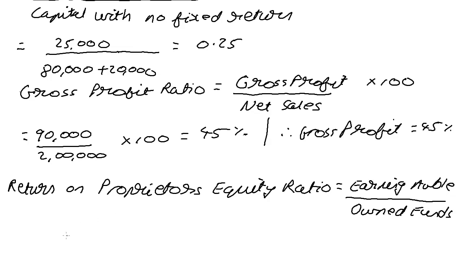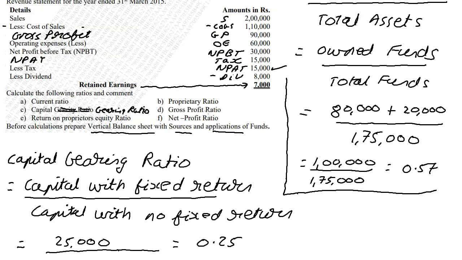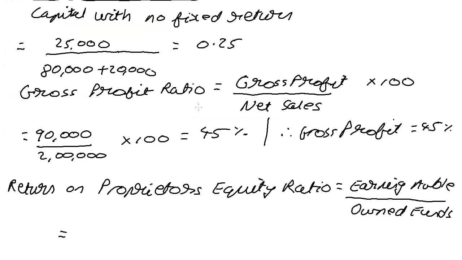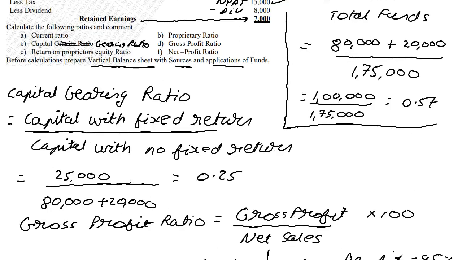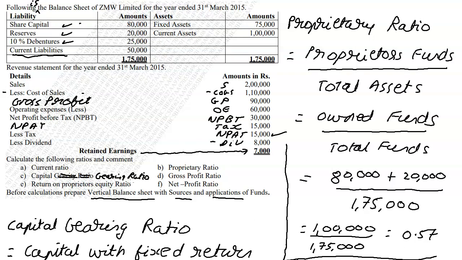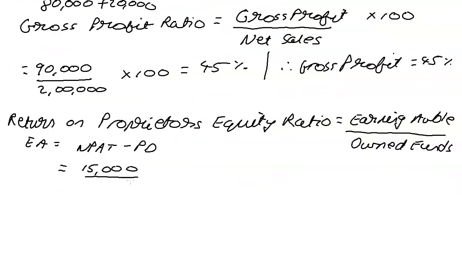So we are looking at 15,000, which is net profit after tax. Keep in mind, earnings available is net profit after tax minus preference dividend. Preference dividend is 0. So the same net profit after tax being 15,000 is what we'll substitute, divided by the own funds, which we already know is 80,000 plus 20,000, which is a lakh. So we get the return on proprietor's equity ratio as 15%.